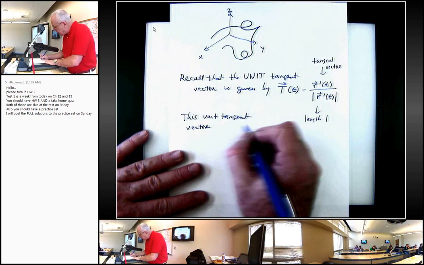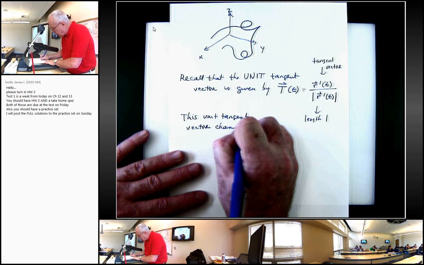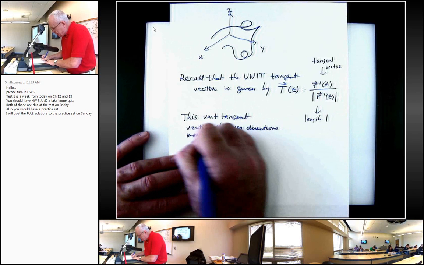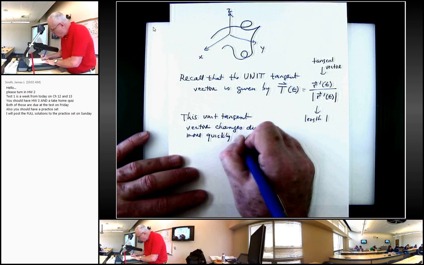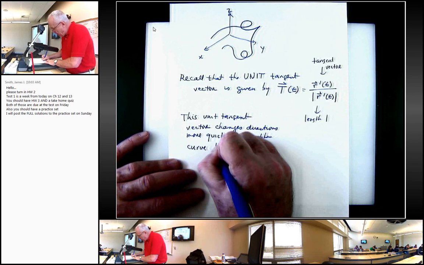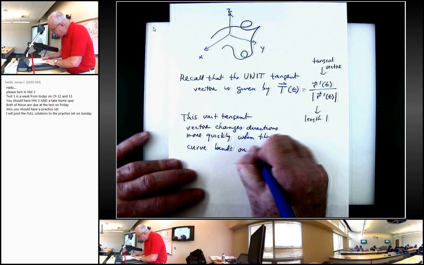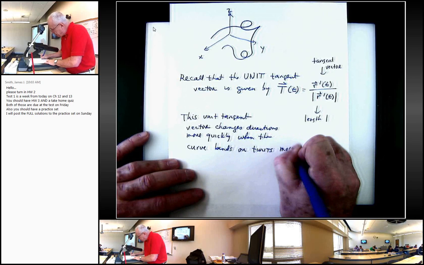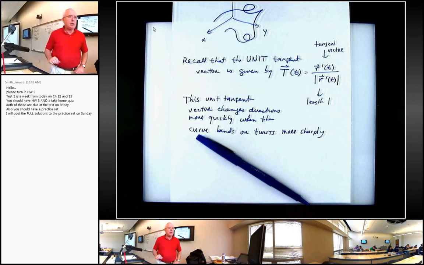So this unit tangent vector changes direction more quickly when the curve bends or twists more sharply. And let me show you what I'm talking about with this.